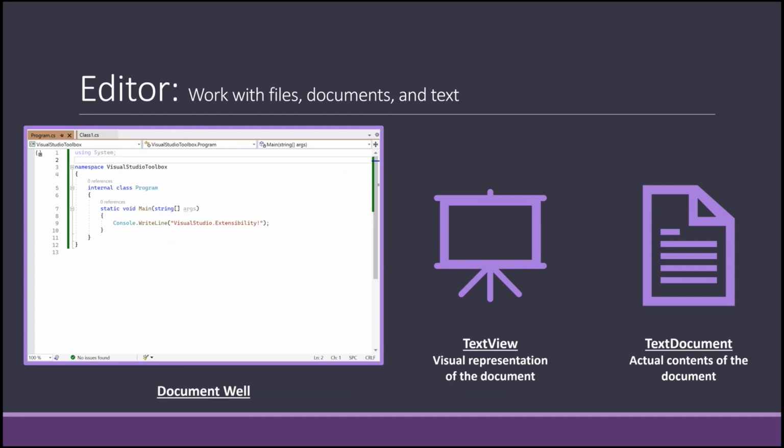The other one is the text document, and that actually corresponds to the real contents, the actual bytes in the document on disk. Depending on what you're doing with the document, you might have to work with either or both. I wanted to call them out here so people understood what each of them was, and that you might have to work with both of them. This can be a tricky space, but that's because it's one of the most powerful.